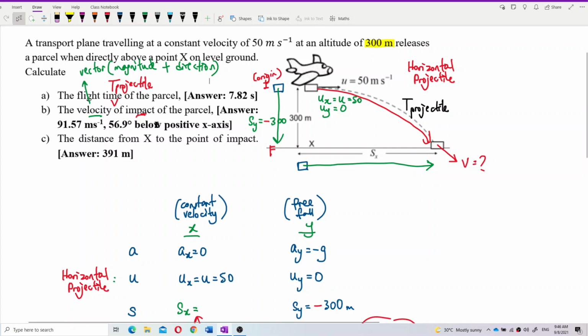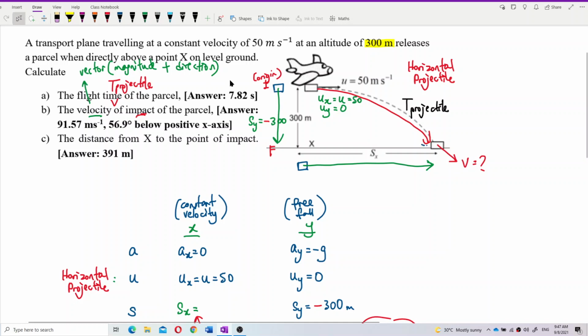You see, the answer also has direction. Even though the question didn't mention a specific direction, it is understood that velocity is a vector. You must give both magnitude and direction. So now we need to find this velocity, the magnitude, and also the direction.